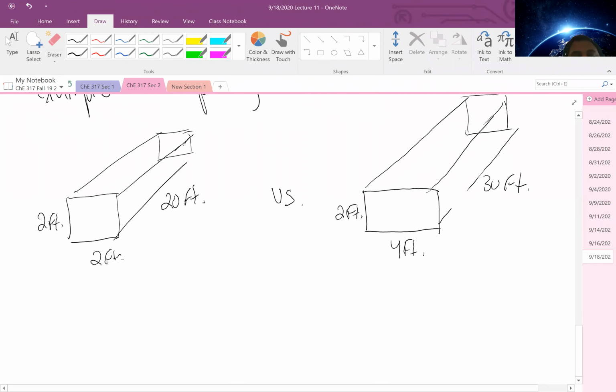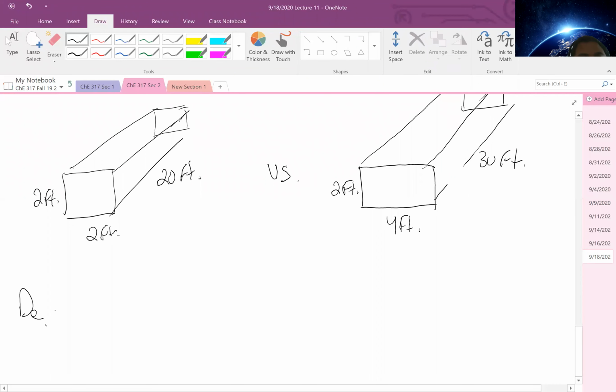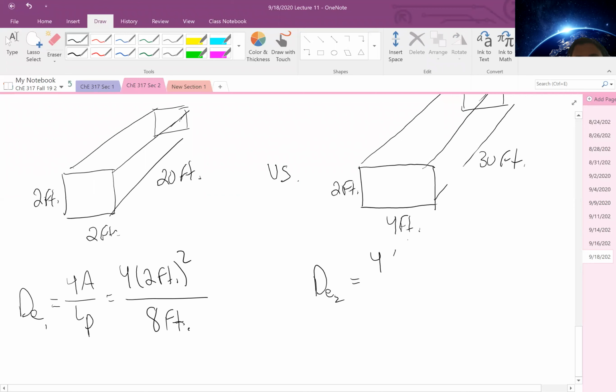A couple of things we can calculate right off the bat is the effective diameter for each of these, which is going to be 4 times the area over the perimeter. For this system, the area is going to be 2 feet squared, and the perimeter is going to be 8 feet. For the new system, the area is going to be 2 feet by 4 feet, with the perimeter being 12 feet.